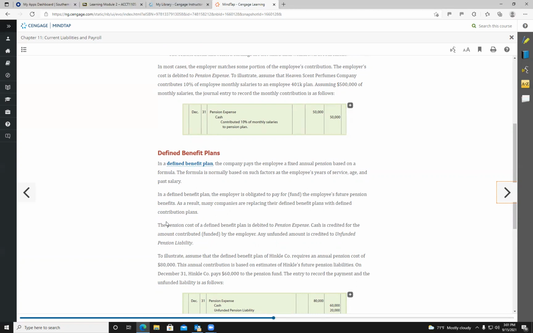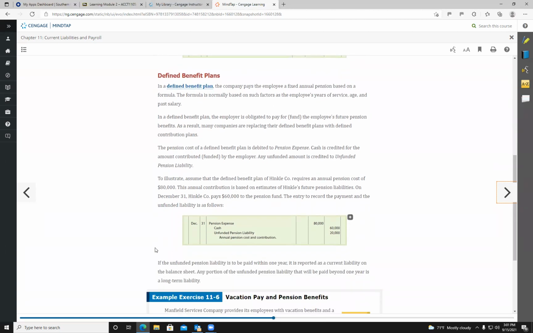As a result, many companies are replacing their defined benefit plans with defined contribution plans. That's why 401ks have gotten really popular. The pension cost of a defined benefit plan is debited to the pension expense, and cash is credited for the amount contributed or funded by the employer. Any unfunded amount is credited to an unfunded pension liability.